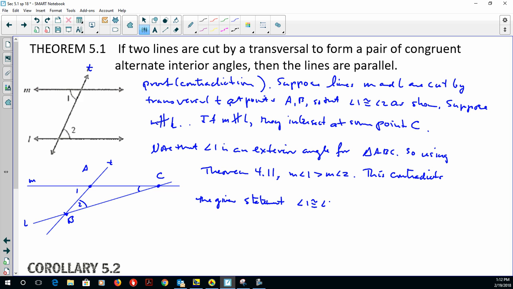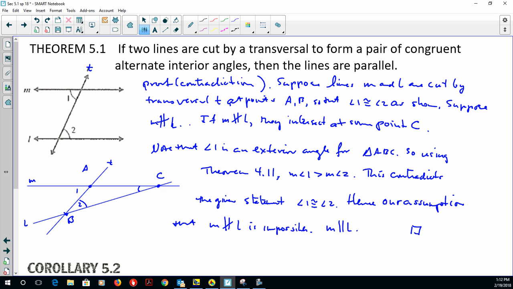Hence, our assumption that M is not parallel to L is impossible. M must be parallel to L. And we put a little box signifying that I'm done with the proof. So you suppose it's not true and prove that that can't happen.